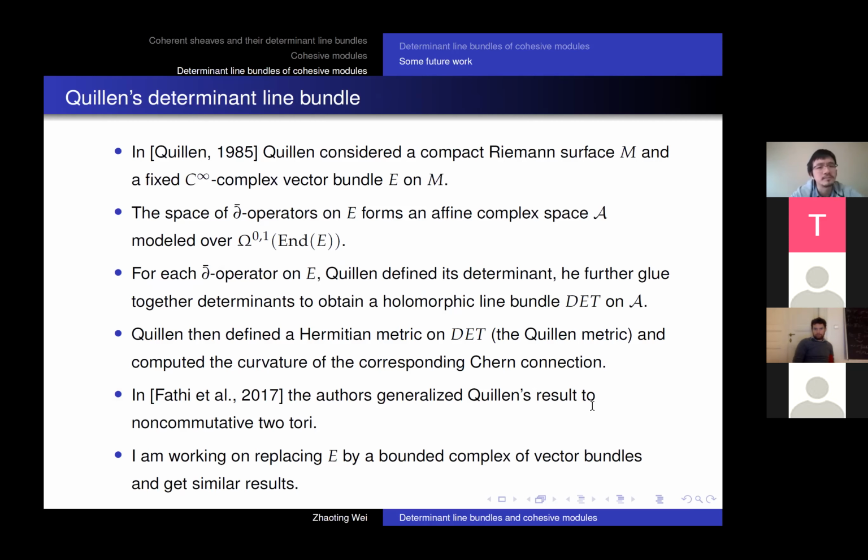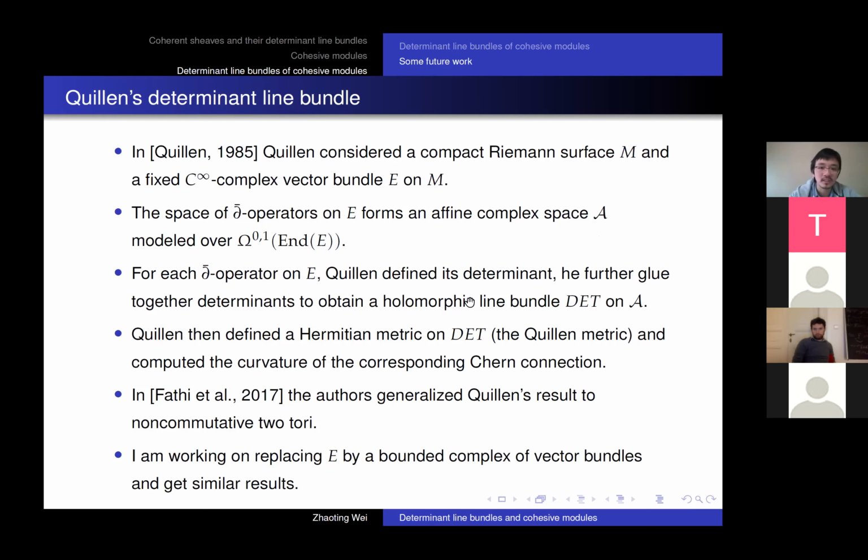Actually, the third point is not any D-bar operator; he considered flat D-bar operators on E. And Quillen defined its determinant. The determinant is a vector space, but Quillen pieced them together to obtain a globally defined holomorphic line bundle on the parameter space of D-bar connections.